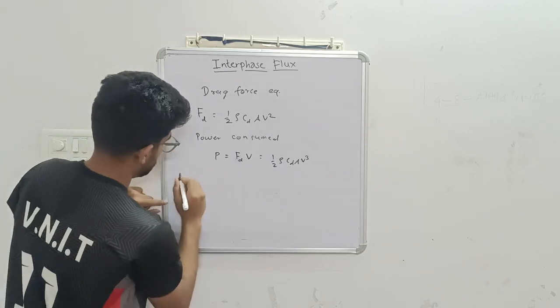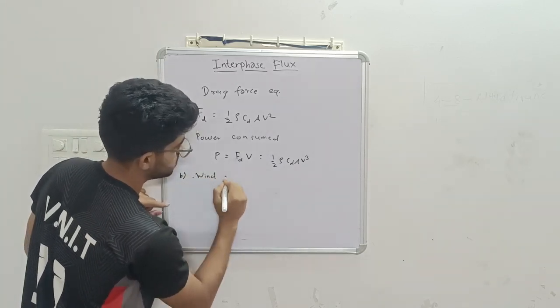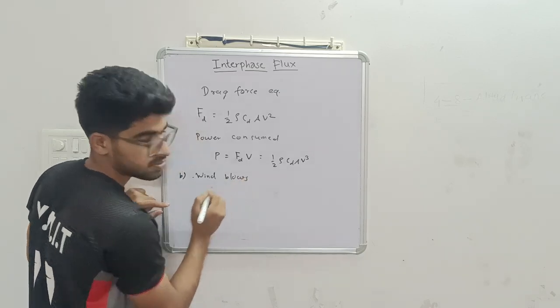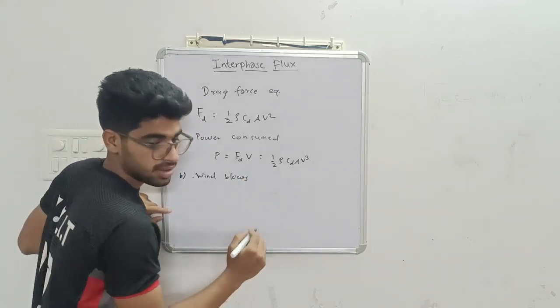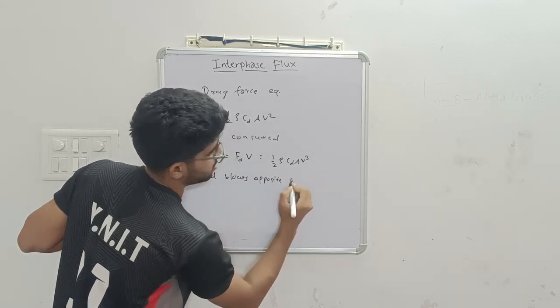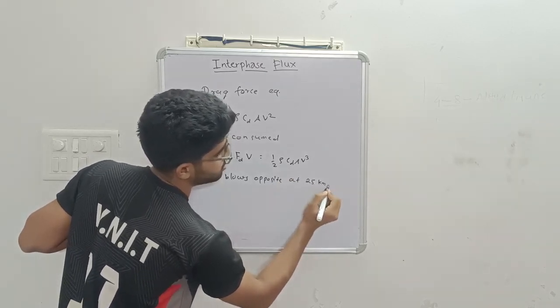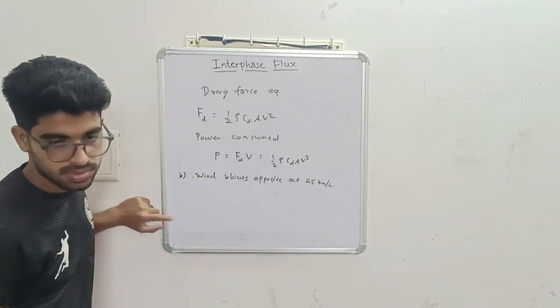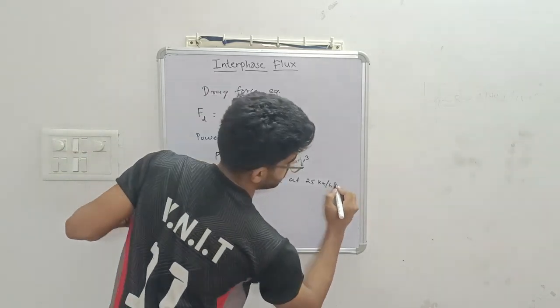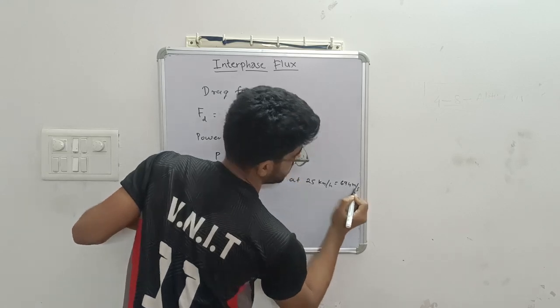Here in case B, wind blows opposite at 25 kilometer per hour, which is 6.94 meter per second.